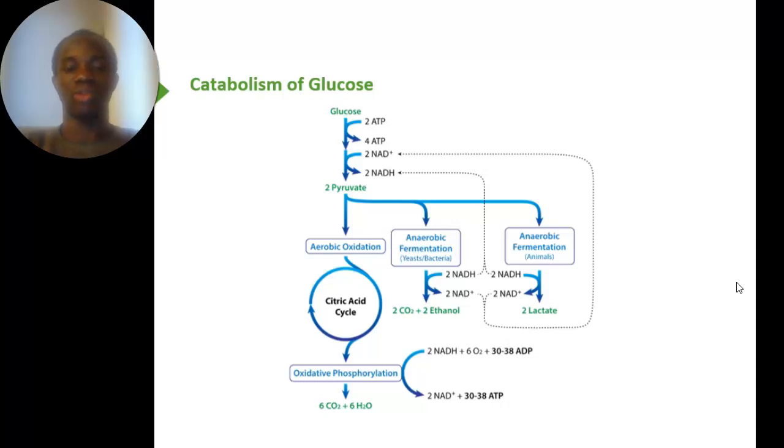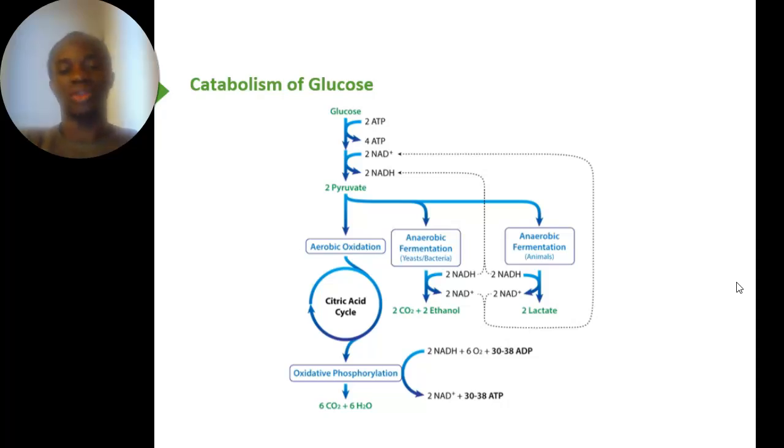Now that is what happens if oxygen is present, but in the absence of oxygen, the fate of pyruvate is to undergo anaerobic fermentation, a process whose product is different in yeast or bacteria compared to the products in animals.